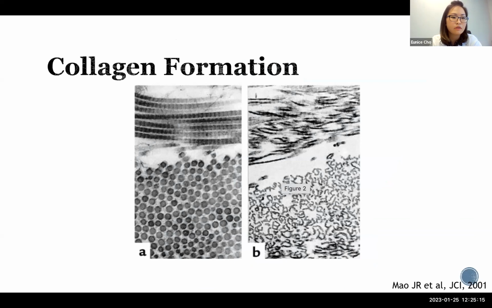As you can see here, on the left side in A, there are normal collagen fibrils with a uniform size and spacing. But in B, a patient who has a particular subtype of Ehlers-Danlos syndrome called dermatosparaxis, you can see a dramatic change in the fibril morphology with severe effects on the tensile strength of the connective tissue itself.